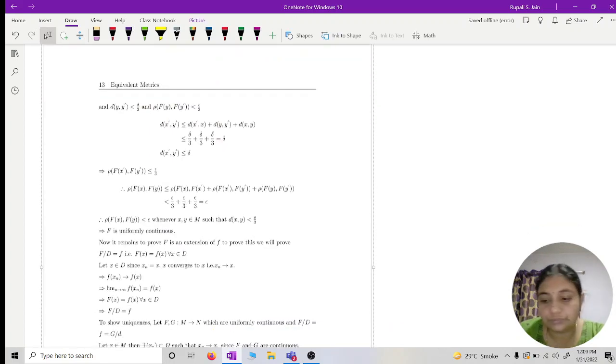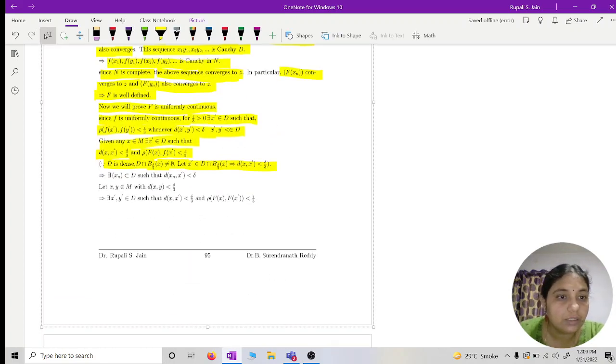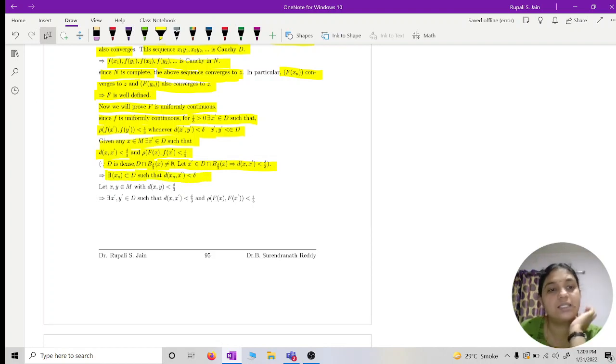Now this implies there exists x_n in D such that d(x_n, x') is less than delta. Now take two elements x and y in M with distance d(x, y) less than delta by 3.